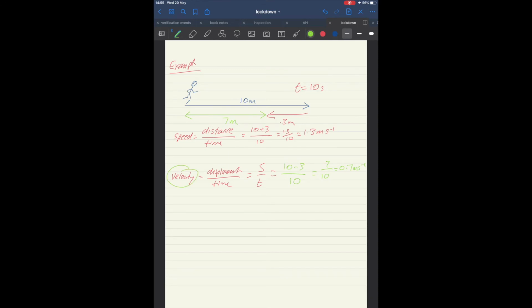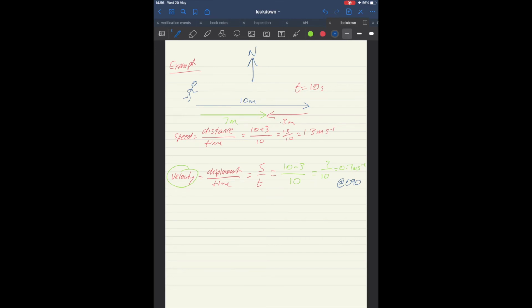But because velocity is a vector, what have I got to include? I've got to include a direction. So for the sake of this diagram, let's just take the top of the page as north. I have to define that. Well, I've made a mistake there, let's get rid of this. Sorry. It's 0.7 meters per second at, now can you remember what the bearing is for east? 0, 9, 0.